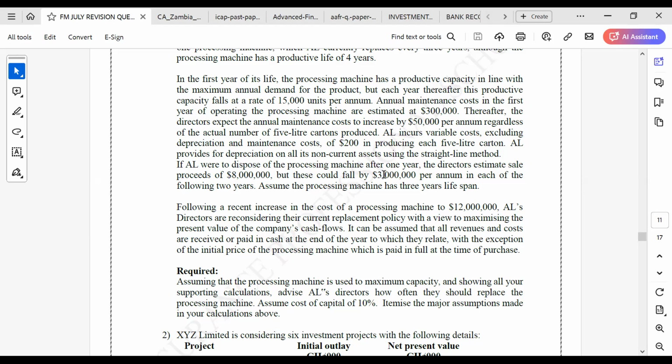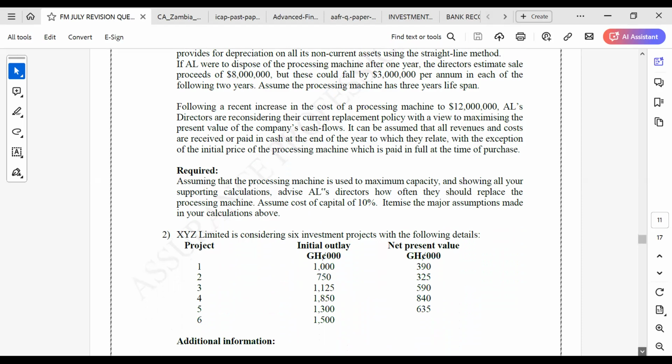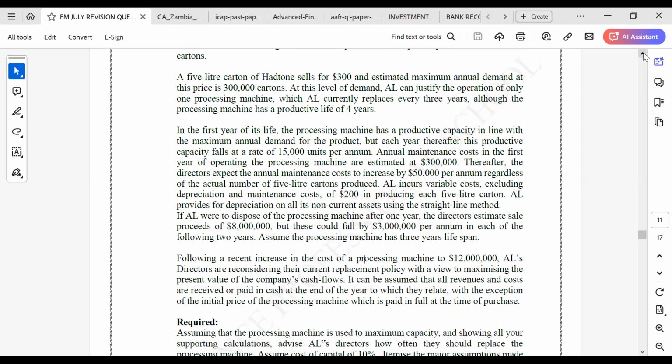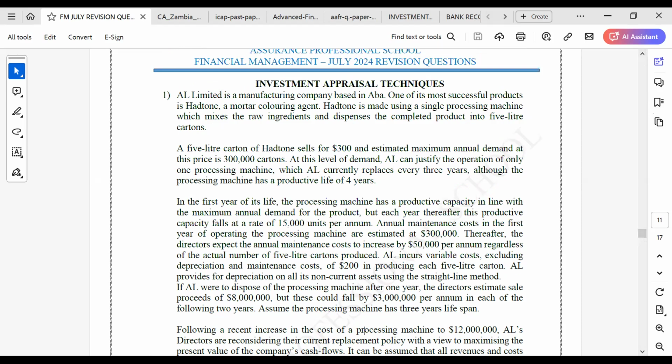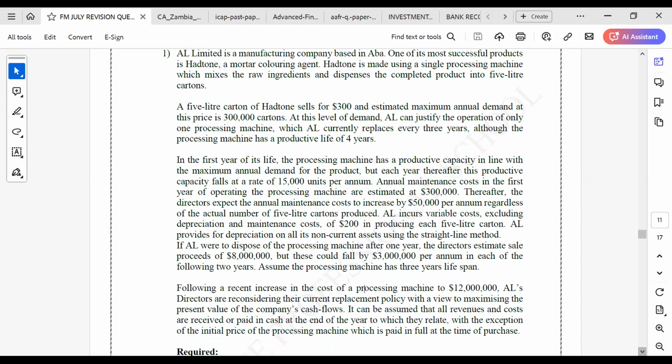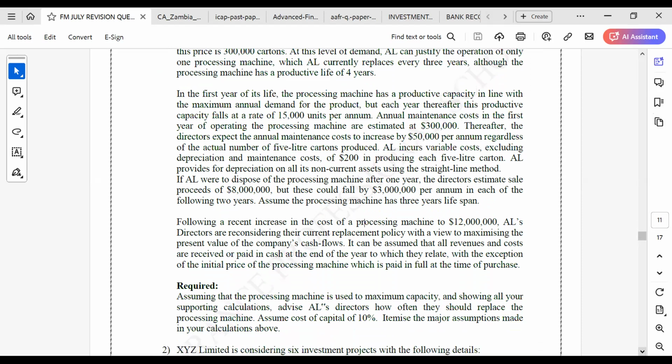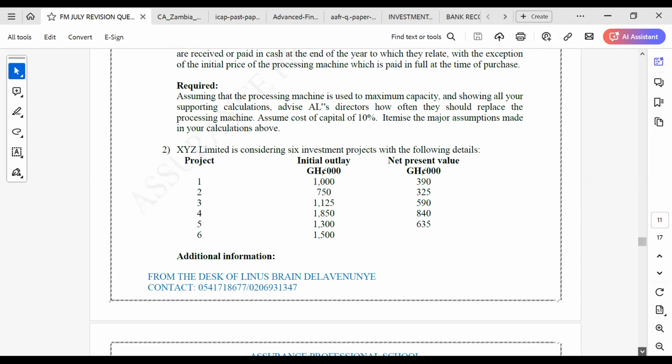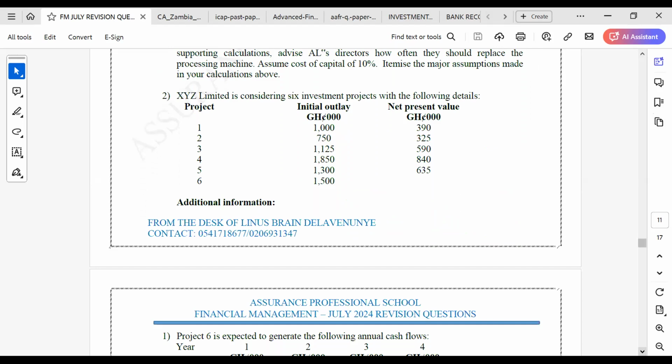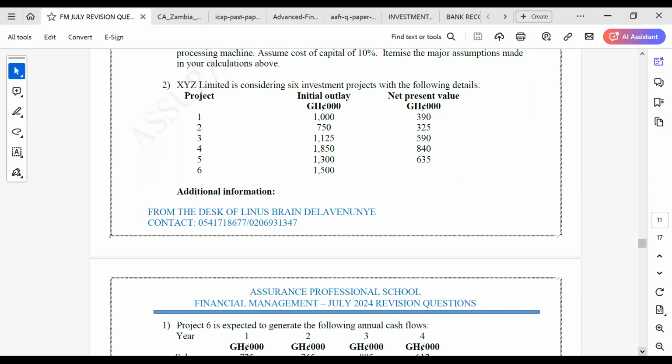So we also ignore that one. So that is about the asset replacing one. That is question number one. There is nothing that we have to do again. Let's come to question number two, which is about what we call capital rationing.